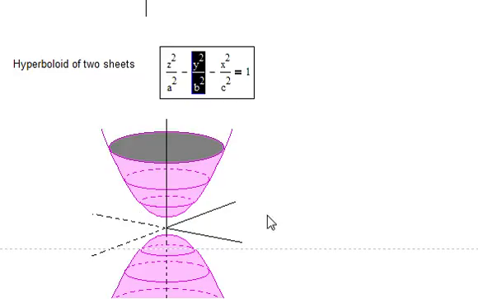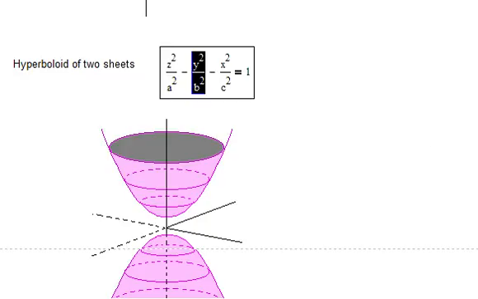In the, which one did I do first? In the yz plane, that's this one right here, it's a hyperbola. See it here and down here also? Hyperbola. And in the xz plane, that would be the one this way, again, a hyperbola.